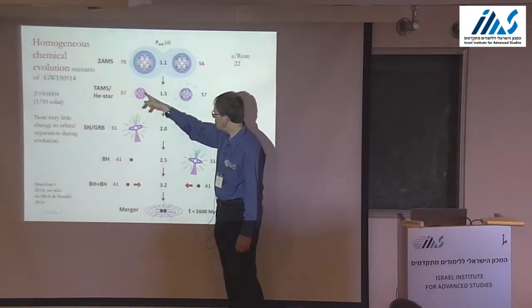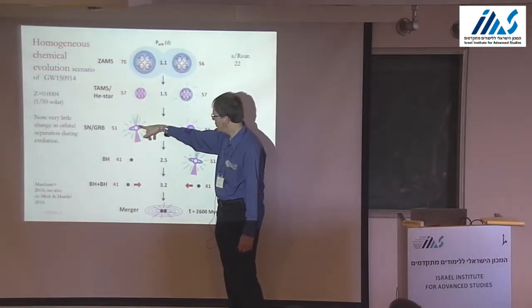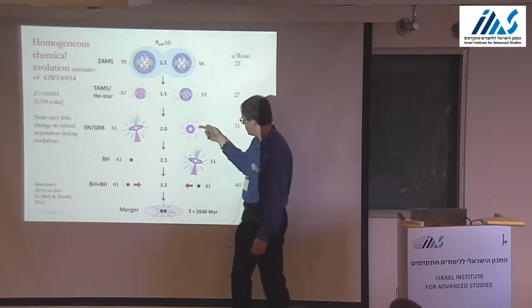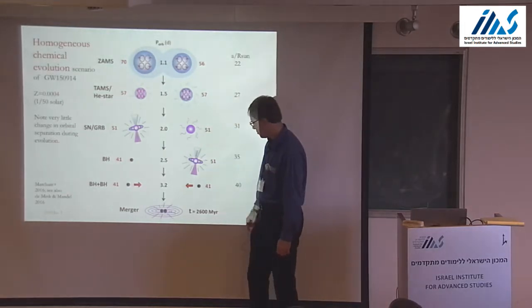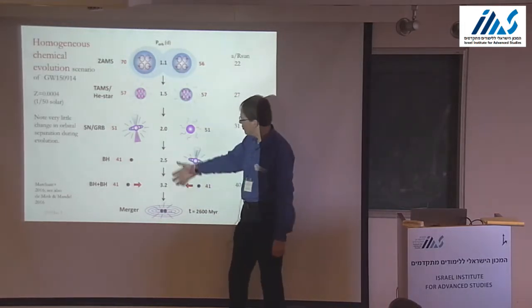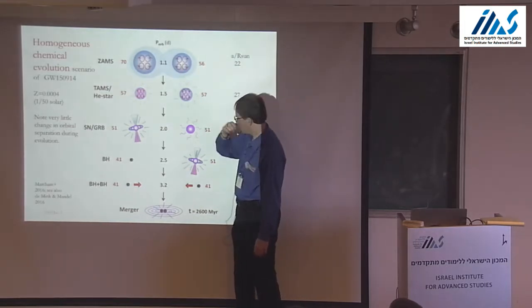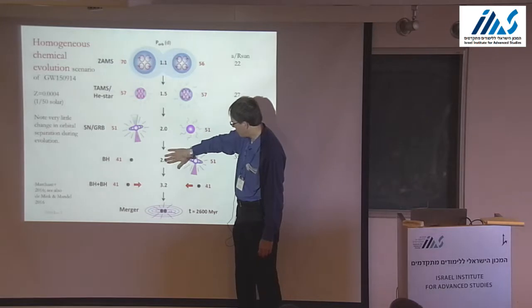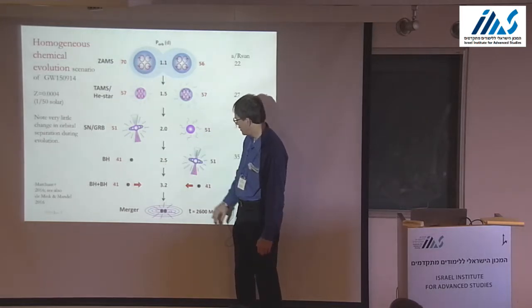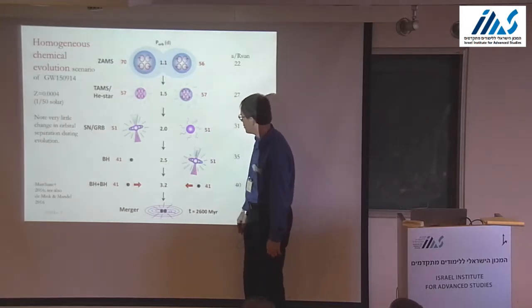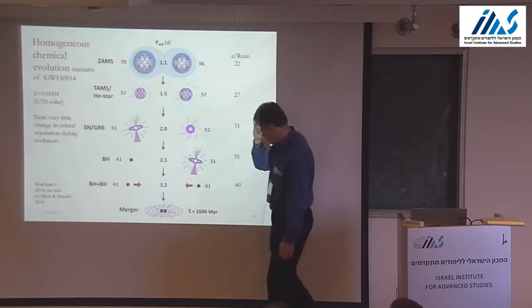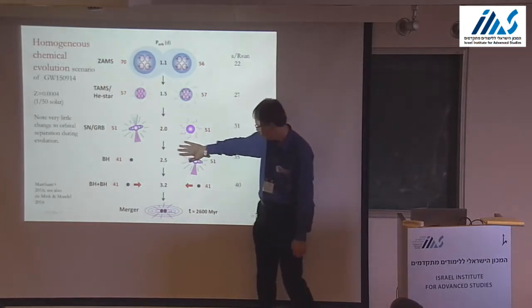Then you have this collapse and make a black hole out of this one. You have a collapse and make a black hole out of that one. And basically the orbital period is hardly changing all through this stage. And these are massive enough that you would need quite a large momentum to have very much of an influence with the kick. So I don't even remember whether they put a kick into this at all, but typical ones would not have a big influence.